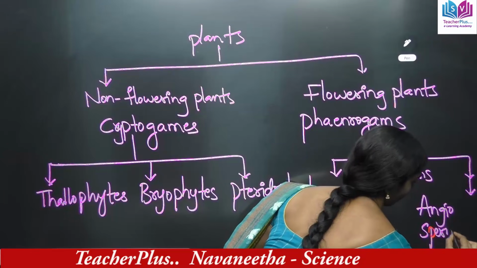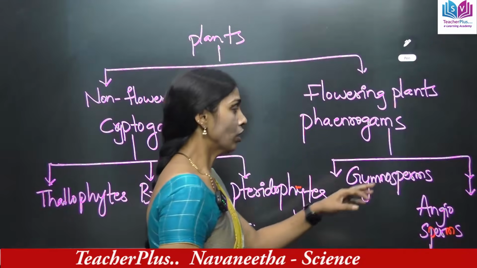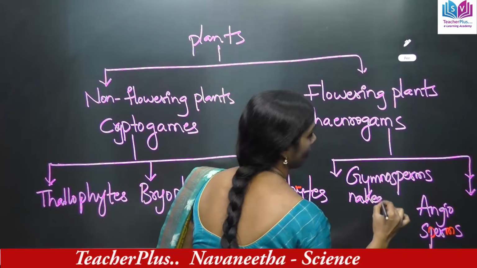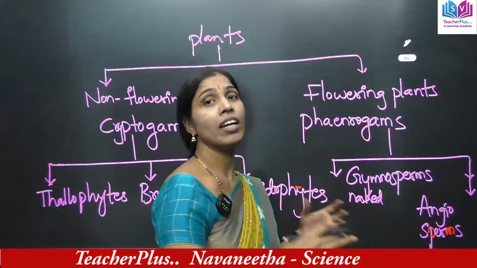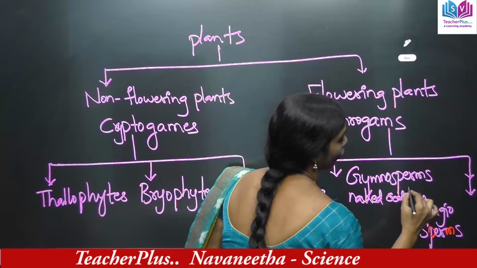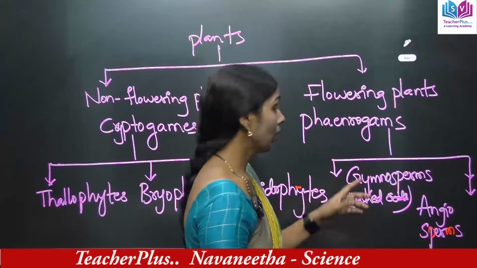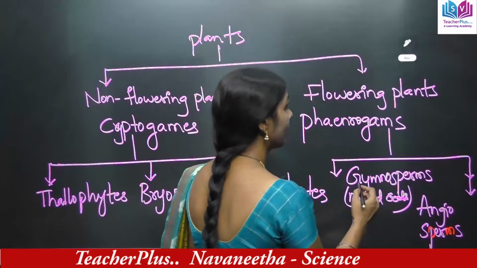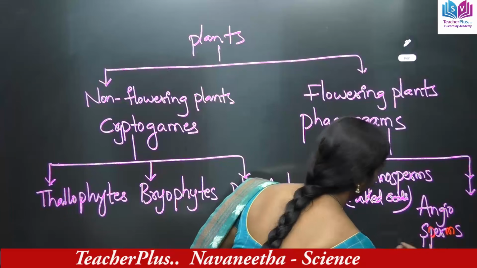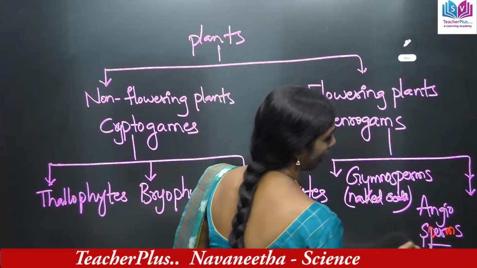Here, gymnosperms are naked seeds, meaning the seeds are outside the fruit. Actually, the seeds are inside the fruit, but coming to gymnosperms, the seeds are out of the fruit. And angiosperm again divided into two types.